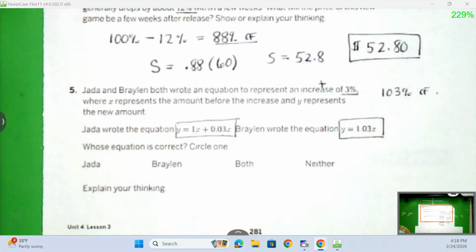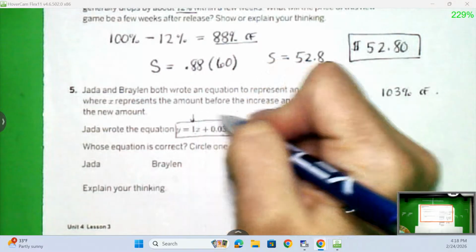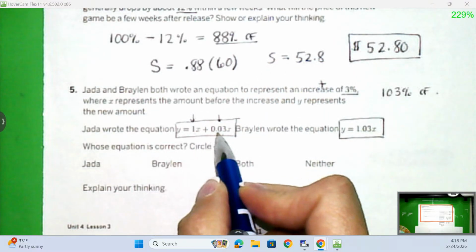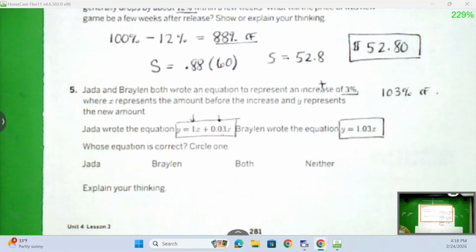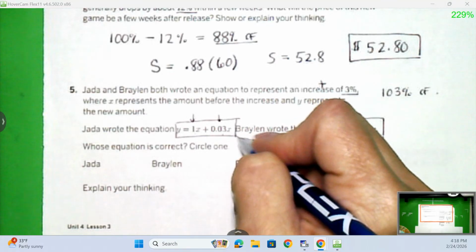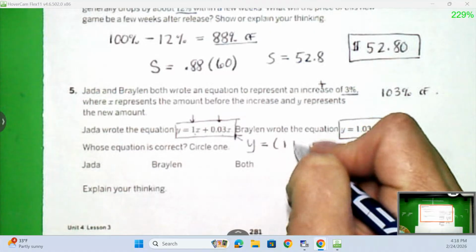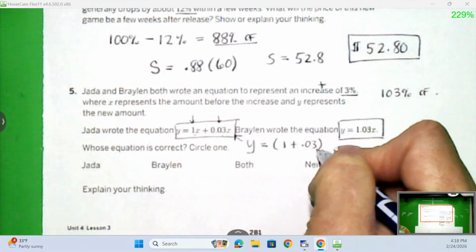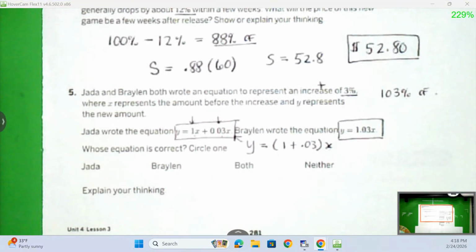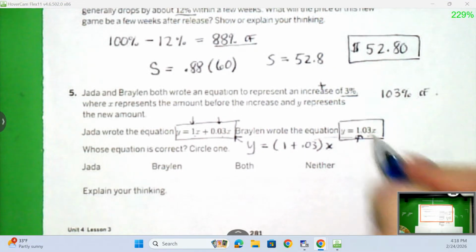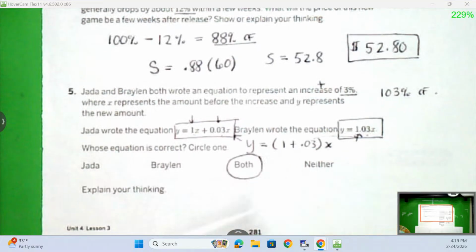Whose equation is correct? If we're looking at our numbers here, 1X plus 0.03X, we could combine those to see if we can simplify this equation. Y equals 1 plus 0.03 of X, and then when we actually add that, we are getting this value right here. So both are correct.